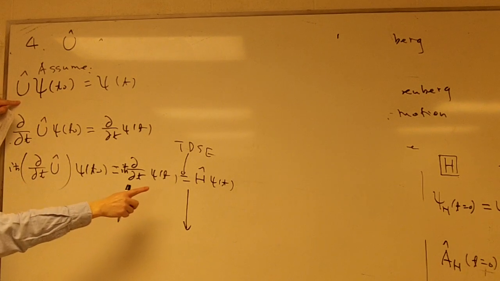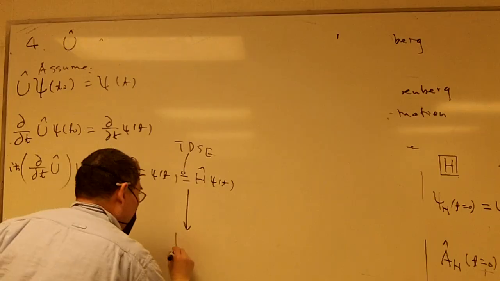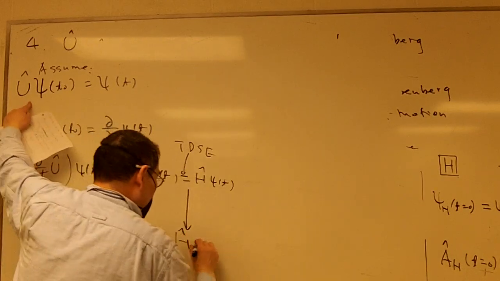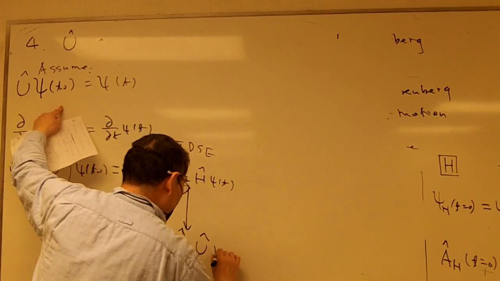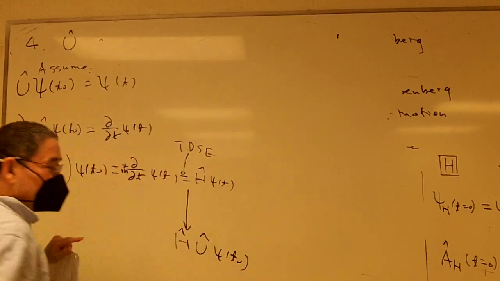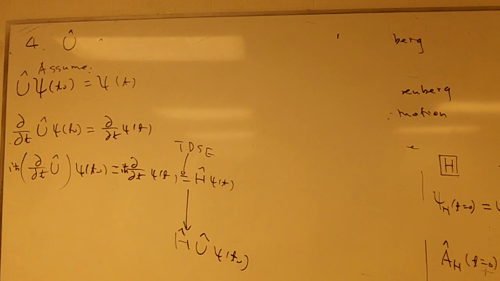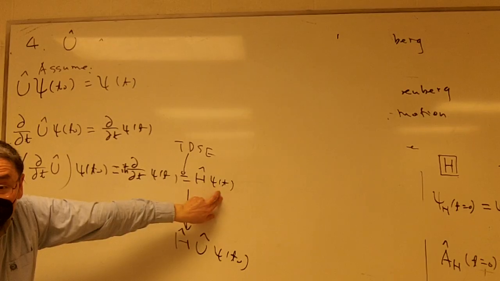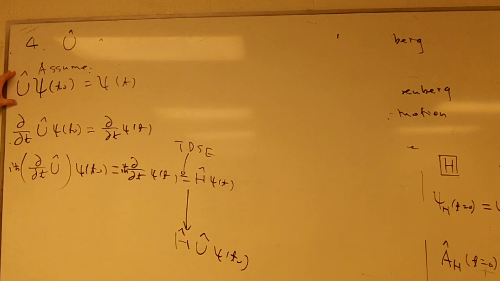So I'm going to plug that into this relation. So I will get H U hat phi of t, like this. So did you see? I replaced this with my assumed ones, and I get this expression.